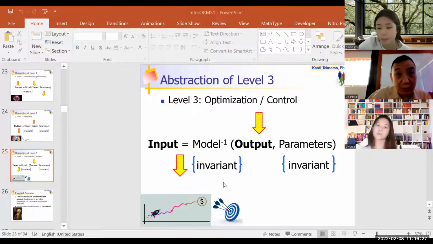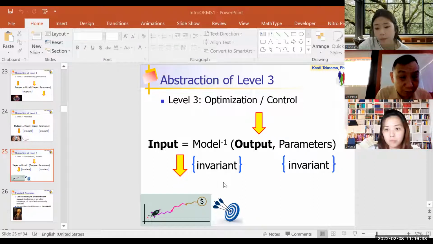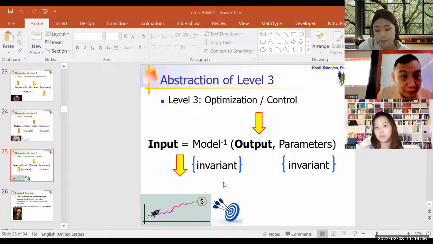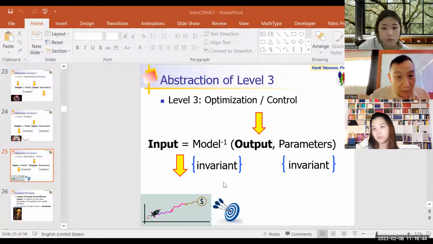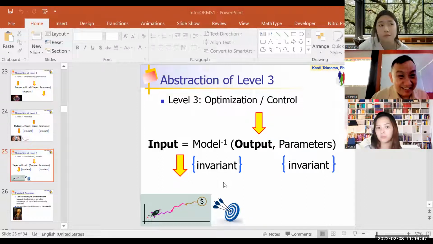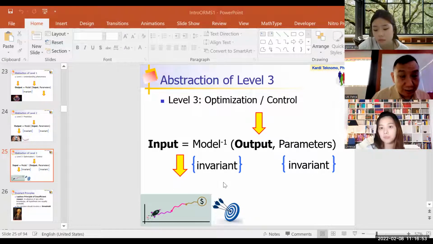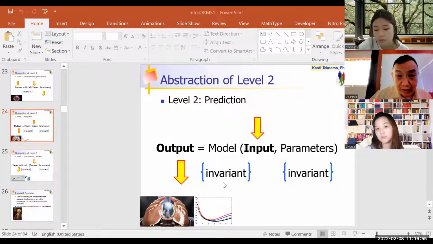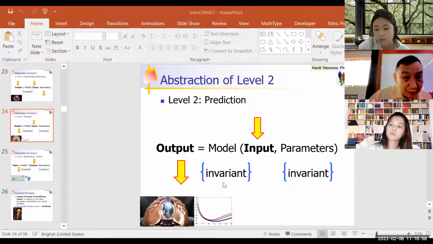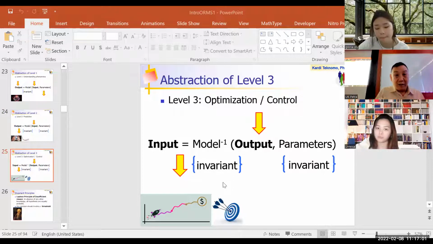Next, how about level 3? Again, the same. You assume the inverse model and the parameters. Your output is the input. It's reversed. But this is a big assumption here. Unlike the second level earlier, where the model is basically a function, in the third level you assume not the model itself, but the model inverse.